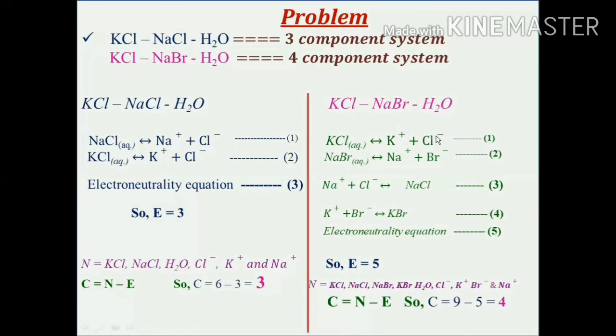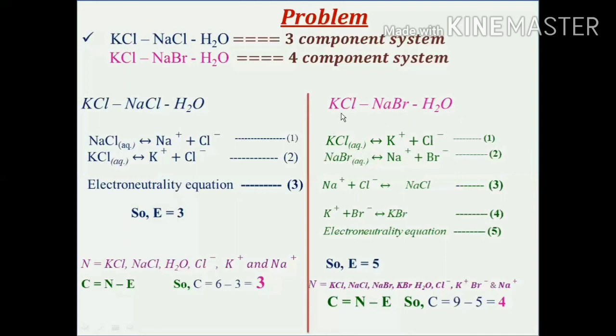Okay, now let me check the other combination. Na+ and Br-, if they combine, will give me NaBr, which was already present in my given system. So I don't need to bother about the combination of these two ions, right? So I check the other combination. Na+, if it combines with Cl-, it can give me NaCl. Now, again, the same question I need to ask myself: is NaCl present in my given system?